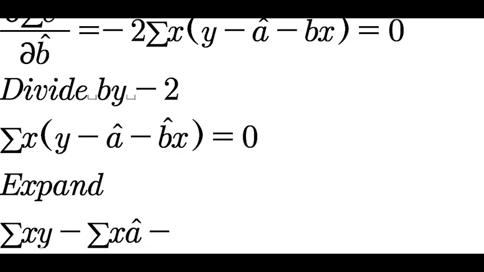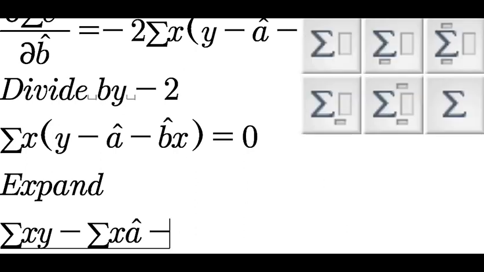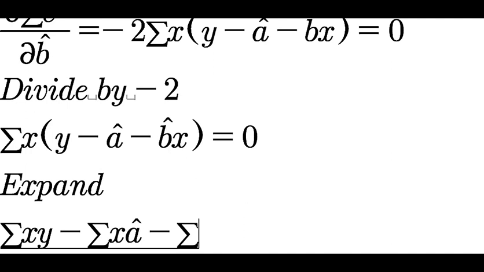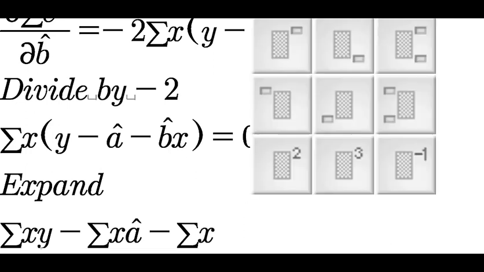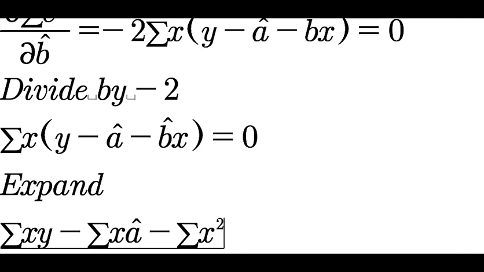The same way, summation x times minus b hat x will give me summation x squared b hat, or b hat summation x squared. Whichever way you do so, it doesn't really matter.